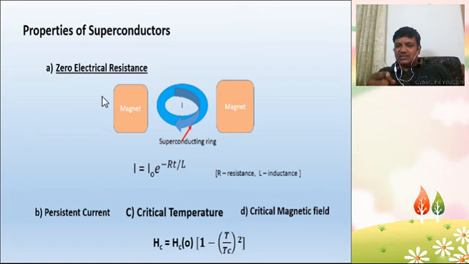Consider this is the metal, and you have the positive ions in the metal. Now you have an electron here.